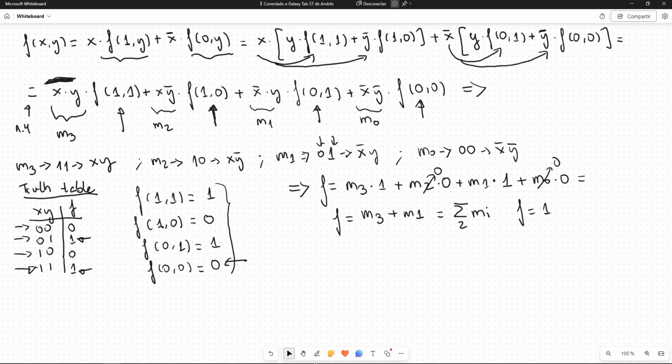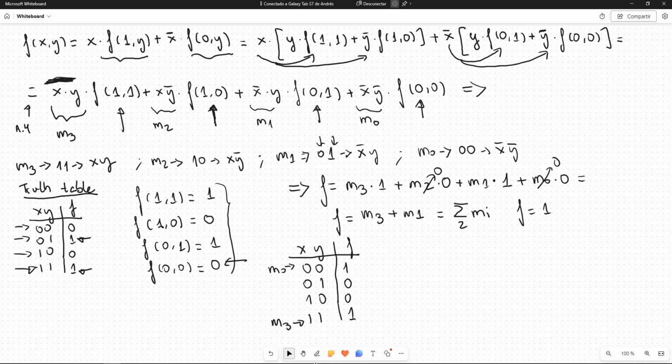I'm going to give you an example. Imagine that we have another truth table that is like this. Sorry, this is an f. So which are the minterms for which the function is 1? The minterm 0 and the minterm 3.